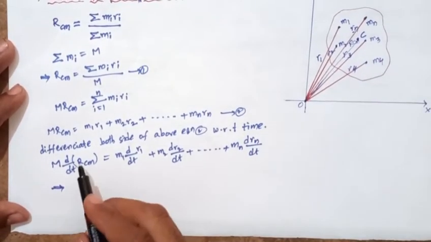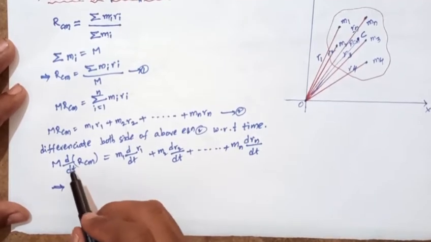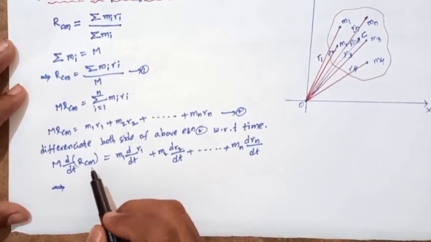Okay, so now d by dt of rcm is nothing but the time rate of change of displacement, which is the velocity.